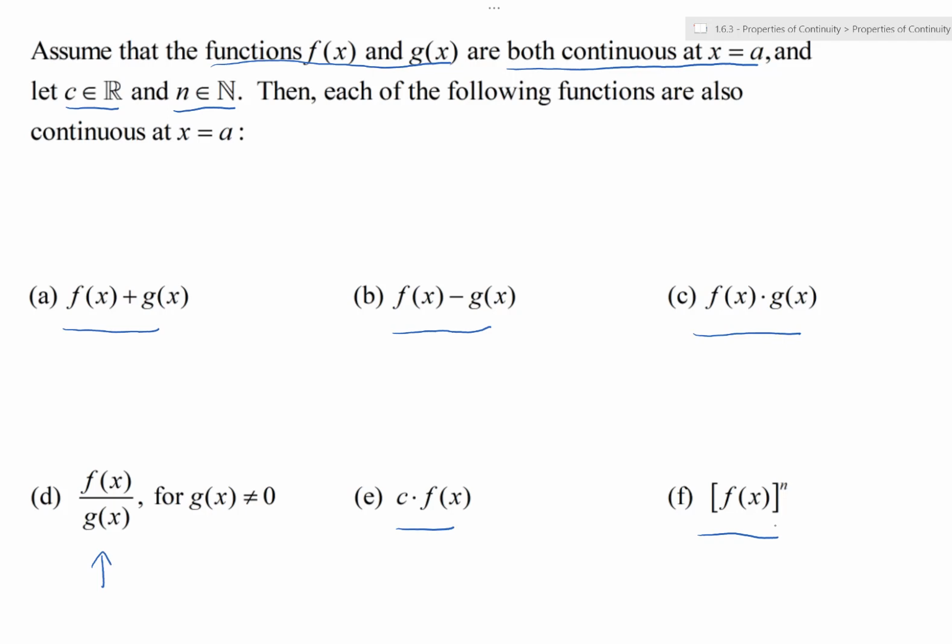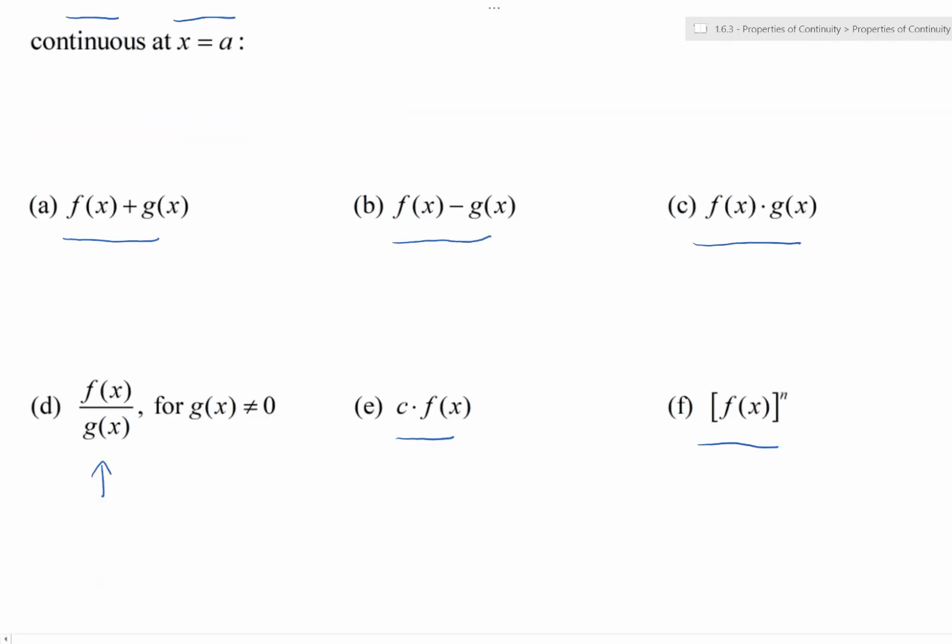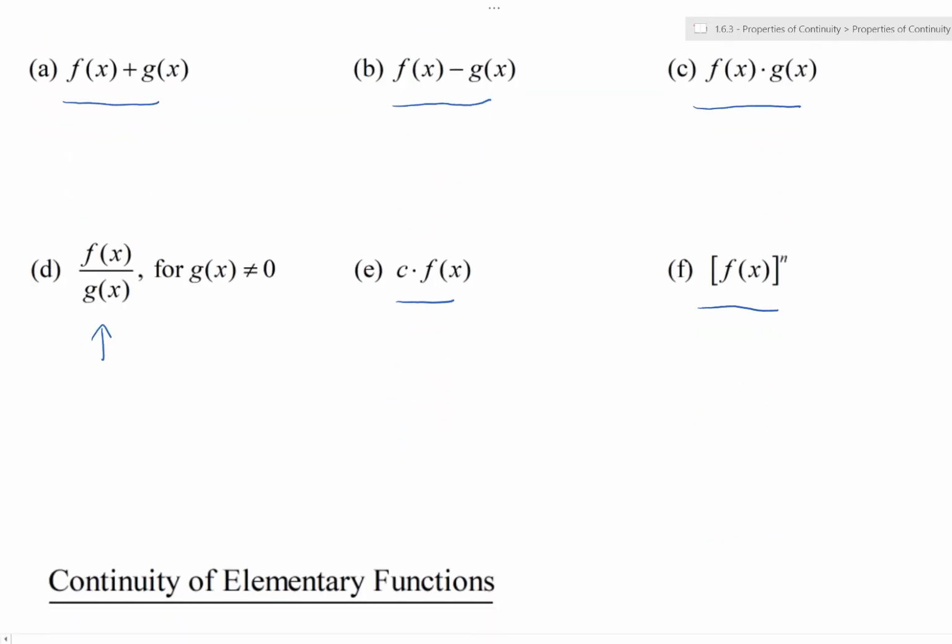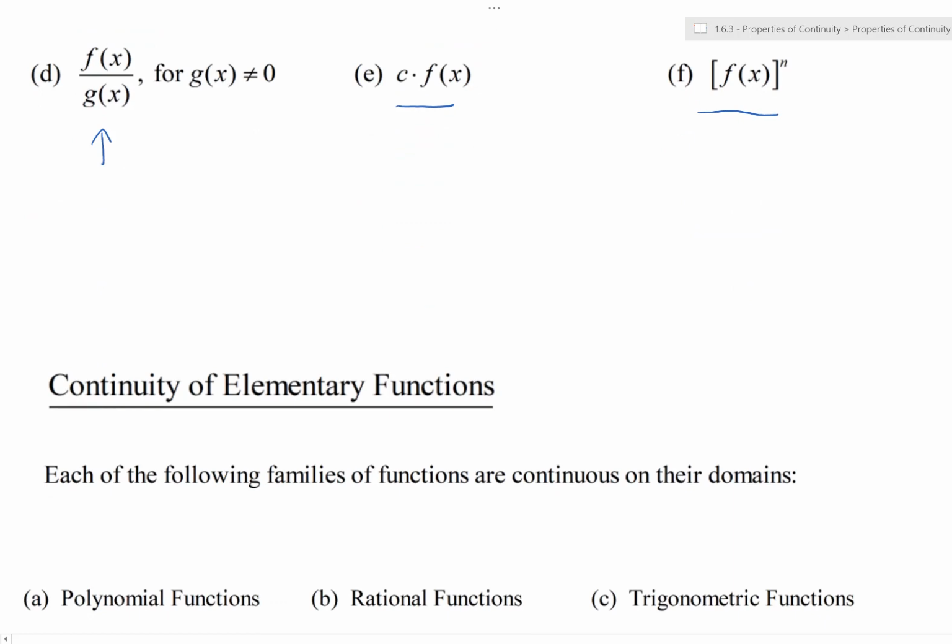So it's not surprising that all of these properties are true, because these are already properties of limits that we've established. The only difference now is that this limit that exists must be equal to the value of the function at that location as well. So we're going to use those properties in this video.